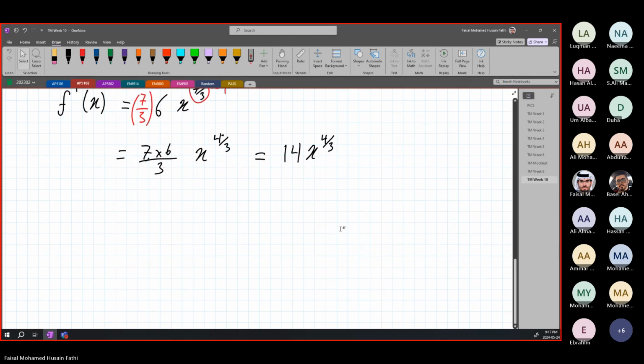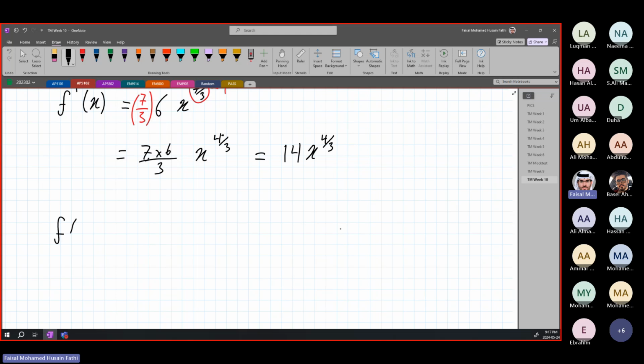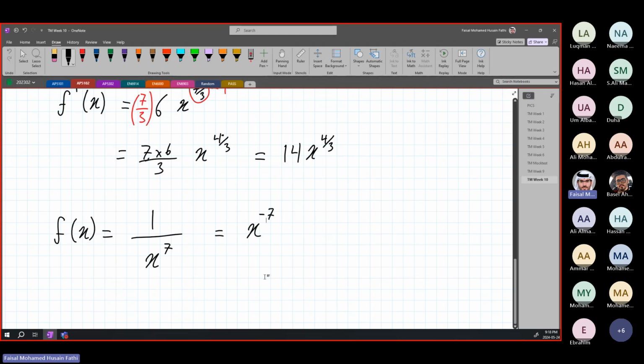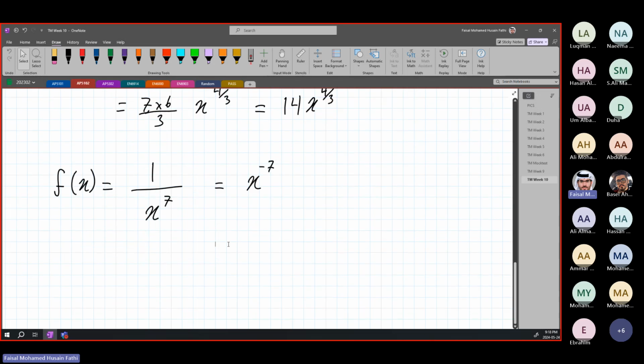If you have a function f of x is equal to 1 over x to the power of 7. So let's say we have this function, x power 7. This is the same as writing x to the power of minus 7. Now, I know when you look at it in this form, it's going to be very confusing.